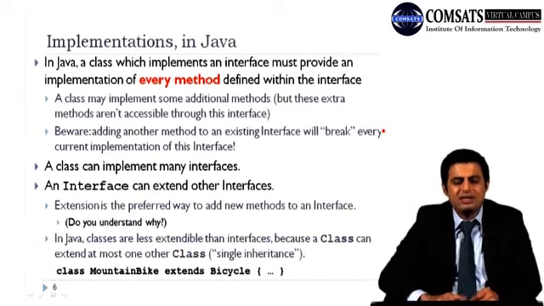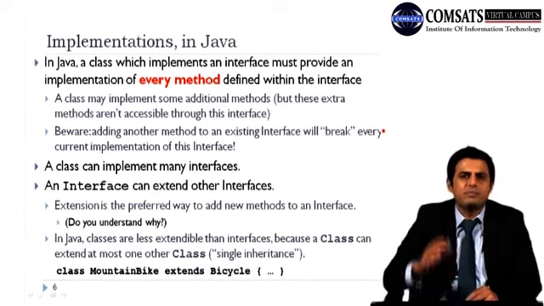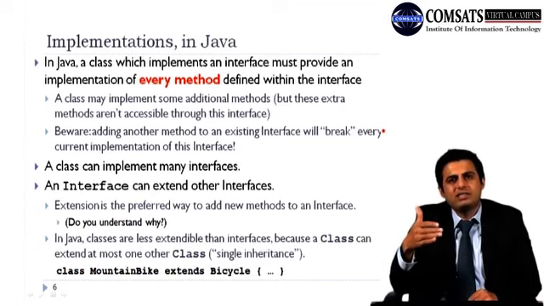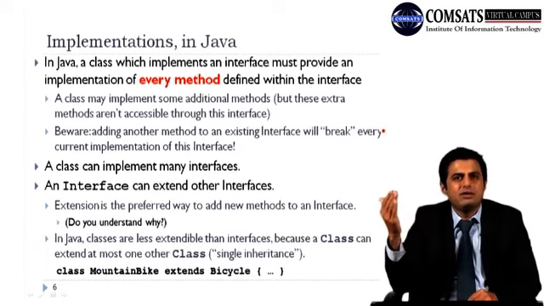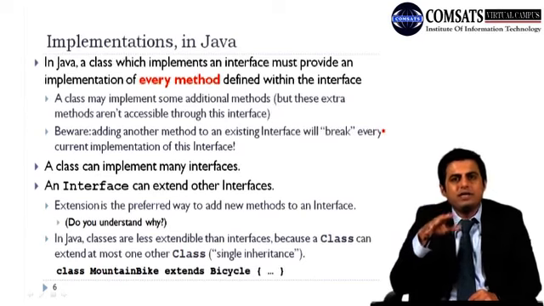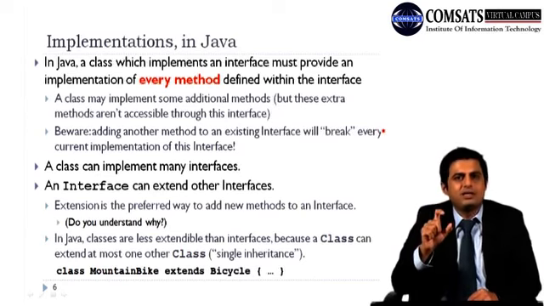In Java, classes are less extensible than interfaces, because a class can extend at most one other class, so single inheritance. I think you have studied that there are multiple levels of inheritance, but they are on a different level, like a child class can have a father and a grandfather, but you cannot have multiple inheritance on a single class.